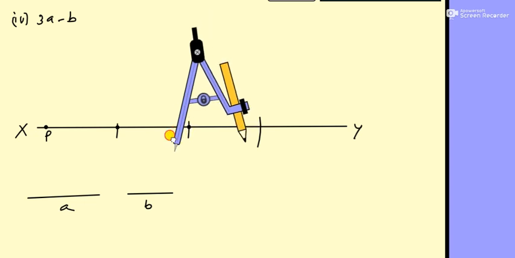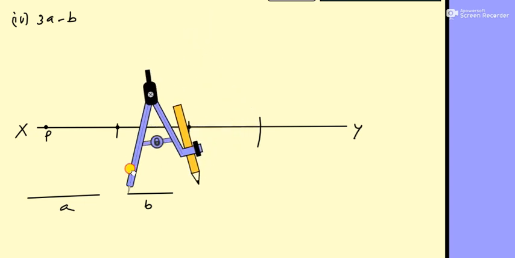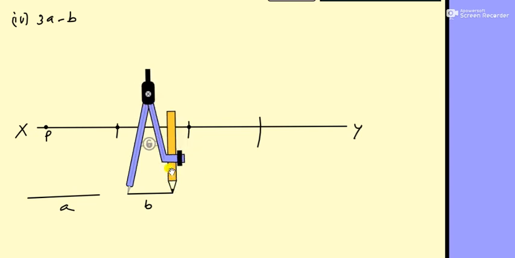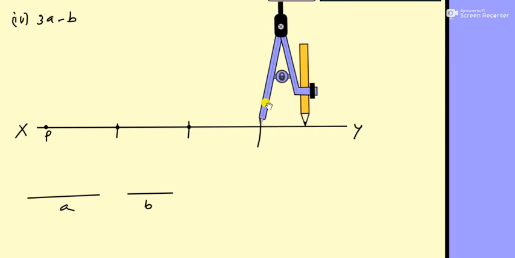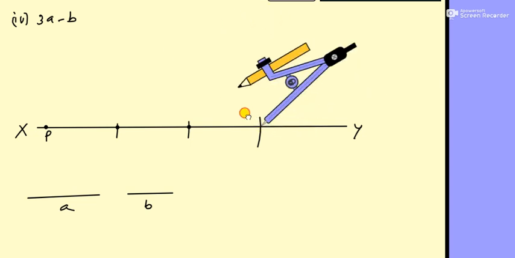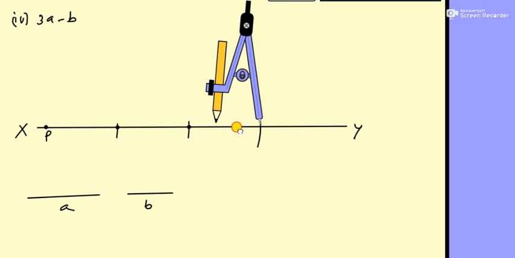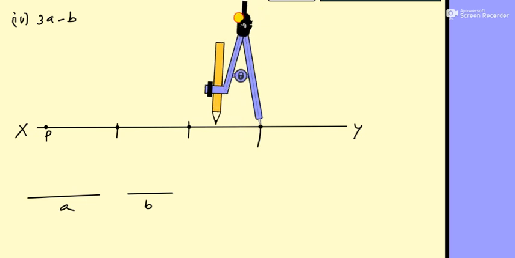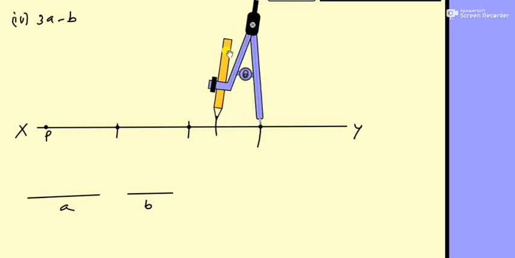Now take the distance B. It is here and like this, and the roundel is kept here, and now you can take the opposite side of this, so you can make an arc.